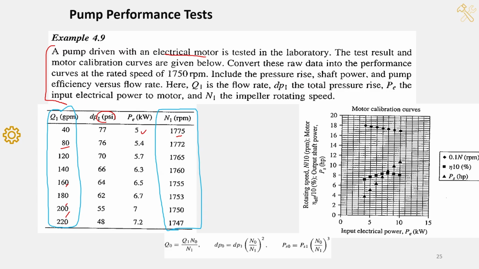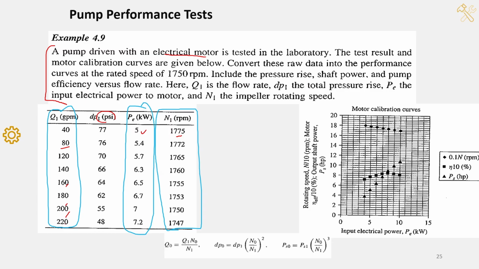But because this pump is varying a little bit, the rotating speed is different for each flow rate. It is different because the electrical power seemingly fluctuates, which in turn affects the rotation speed of the impeller.